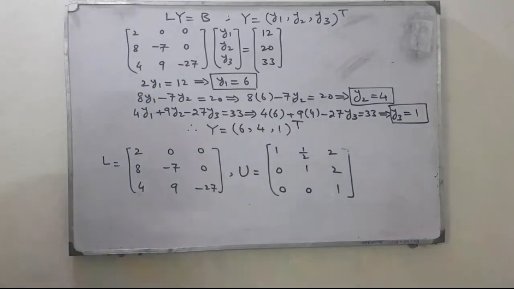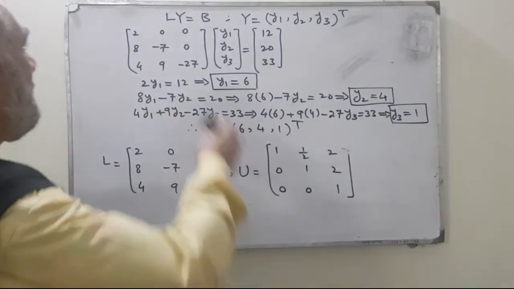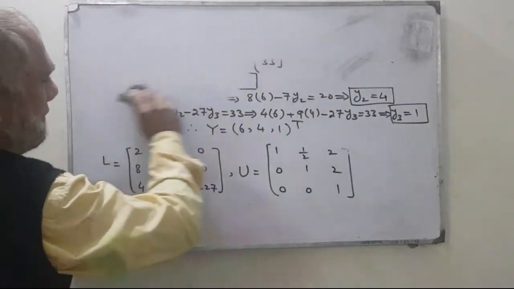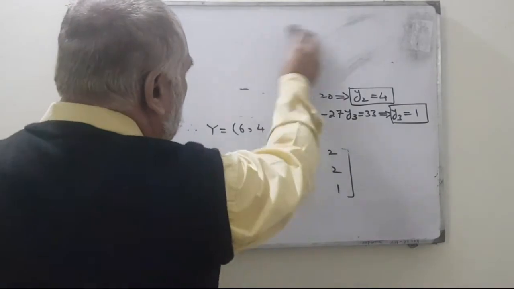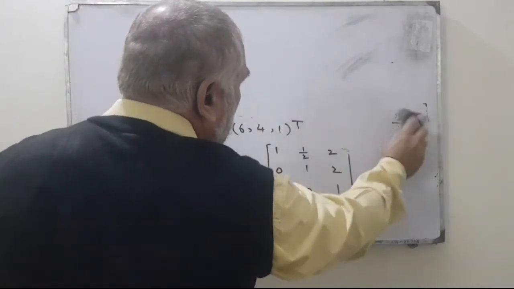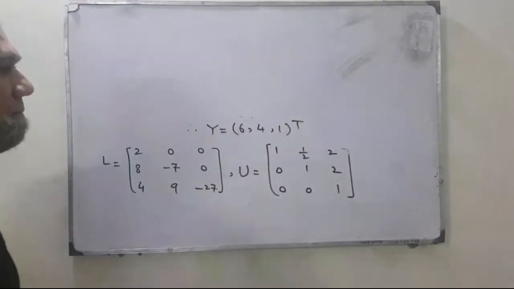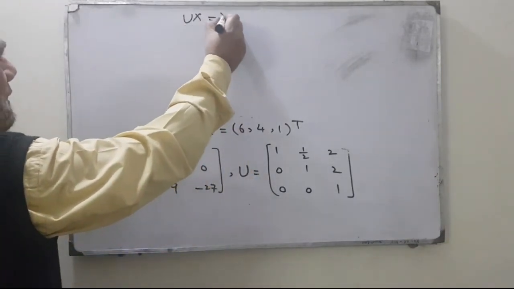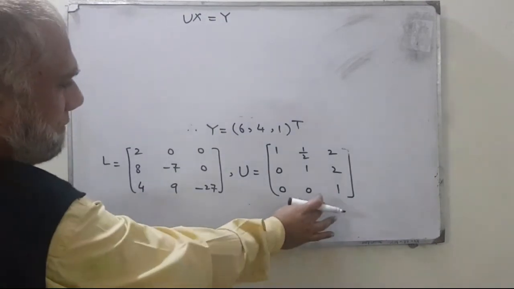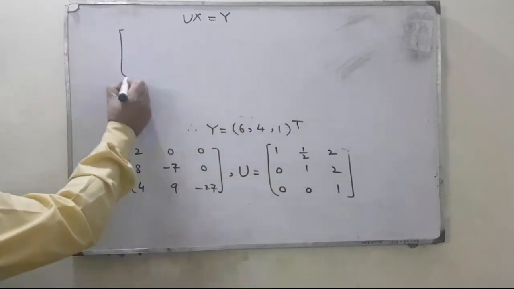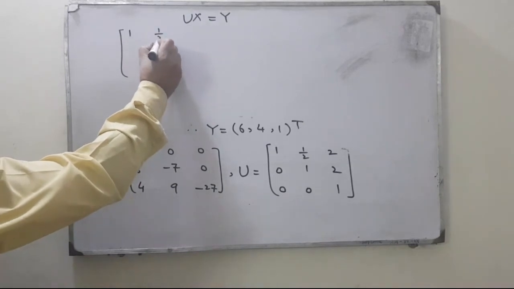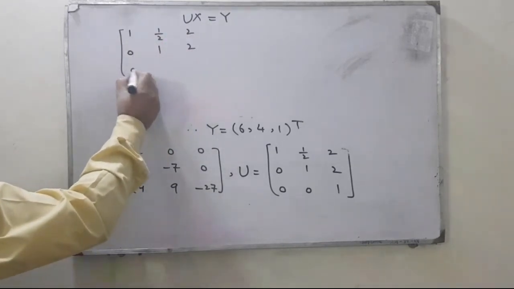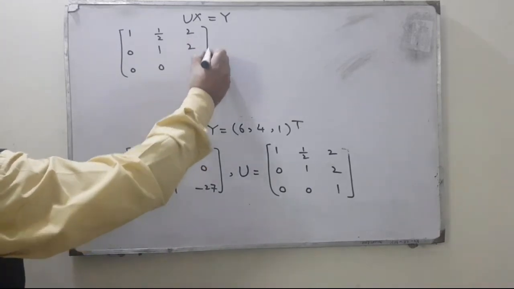After calculating y, the last step is to calculate x, and for this we have to once again start from the algorithm equation which contains x, and that is Ux is equal to y. Okay, and U we have, so we can substitute it here: 1, 1/2, 2, 0, 1, 2, 0, 0, 1.